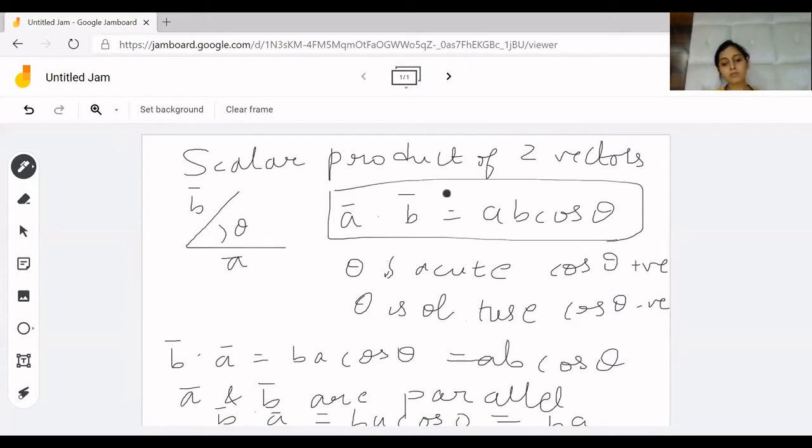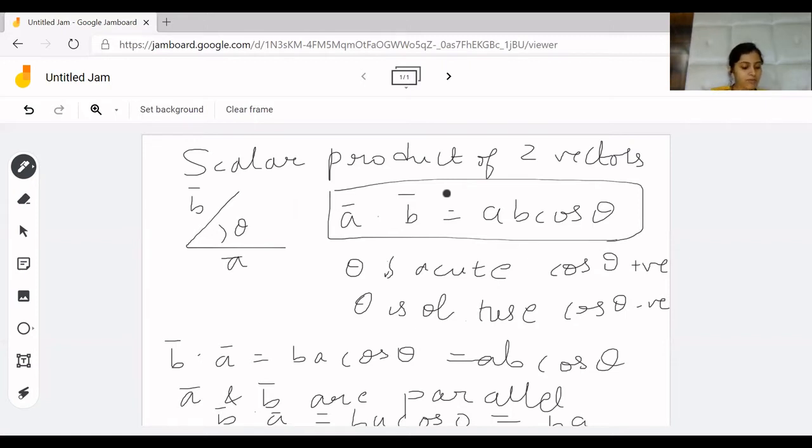Also, we have to remember by the rule of vectors that if a bar and b bar are the same vector, then instead of b we can write a, and in particular we are going to get a square, which can also be written as magnitude of a square. That is, the answer would be the square of any one vector.